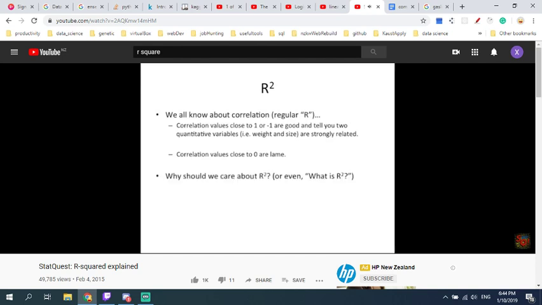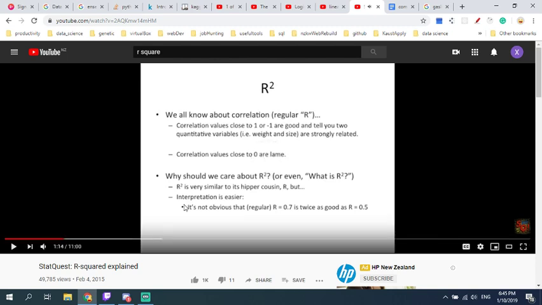Some of you may be asking, why should we care about R squared? We already have regular R. Some of you might just be asking, what is R squared? R squared is very similar to its hipper cousin, R, but interpretation is easier. For example, it's not obvious that when R equals 0.7, that's twice as good a correlation as when R equals 0.5.